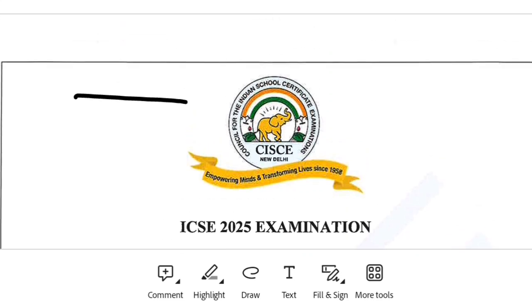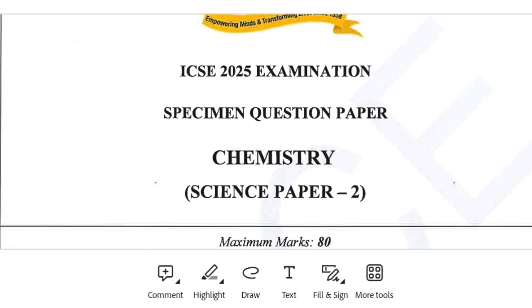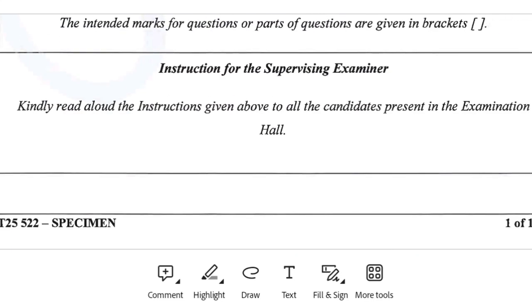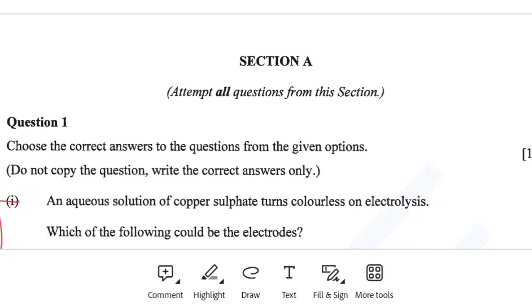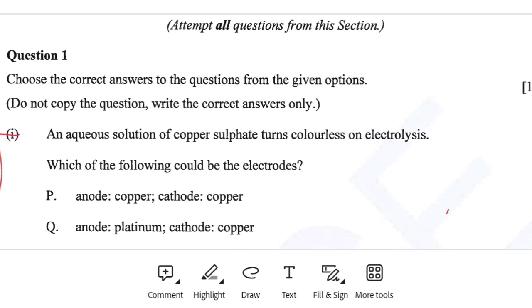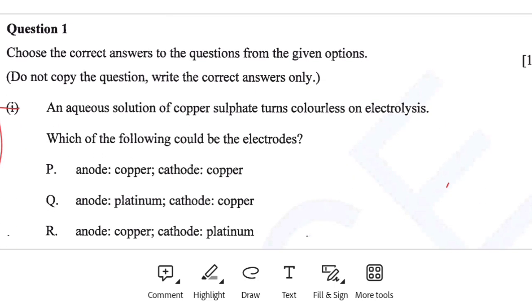Friends, let's get started with our specimen paper solving. Here we have Section A and question number 1. An aqueous solution of copper sulfate turns colorless on electrolysis. Which of the following could be the electrodes?